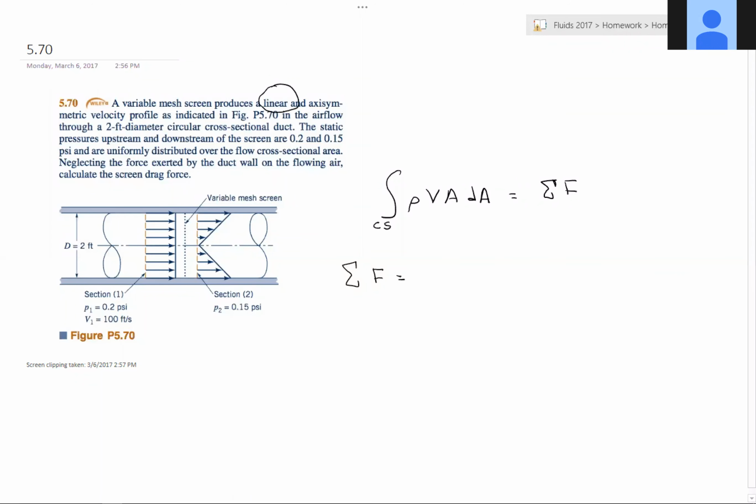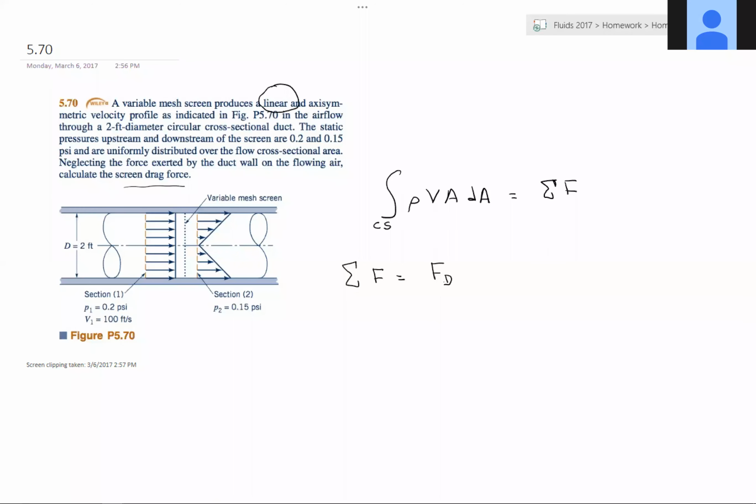No, and that's where you have to be careful. Because there's a velocity, this is a momentum equation, we do have forces. And there are a number of things in the problem that tell you that. The first is what we're looking for. We need this drag force. So that's the first thing that we're going to find. Are there other forces that are part of this problem?